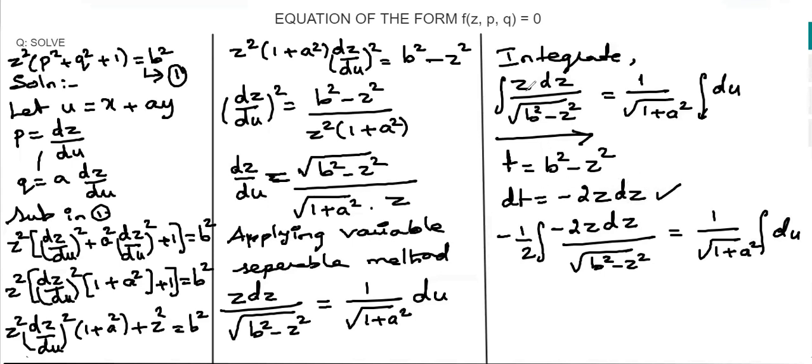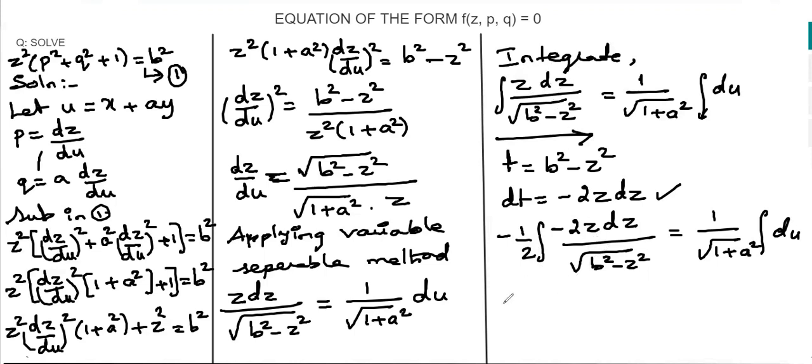So minus 2z dz should be there. Whatever I am extra writing inside this integral, I have to write the converse part to the outside, so the negative is put outside, and the inverse of 2 is 1 over 2. So this 2 and this 2 get cancelled, minus and minus is positive, so the numerator doesn't change.